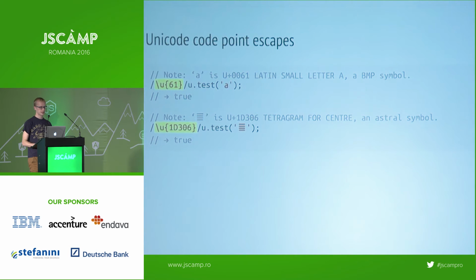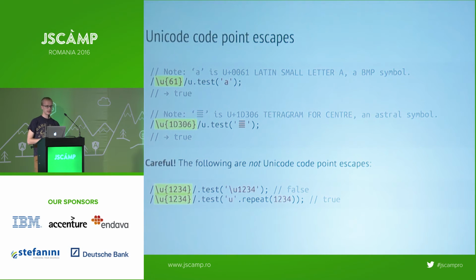And the reason for that is because you can do things like this as well. And it may look like you're able to use these Unicode code point escapes even without the U flag, but that's not actually the case. For example, this code does not throw an error, but it also doesn't do what you would think it does. In this case, the backslash followed by the u is actually just an escape sequence for just the u character.